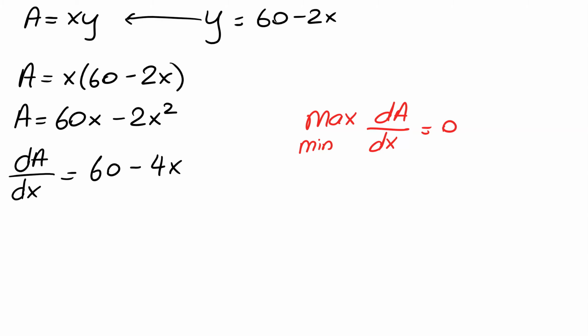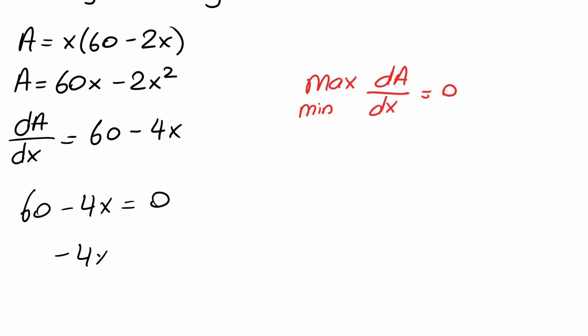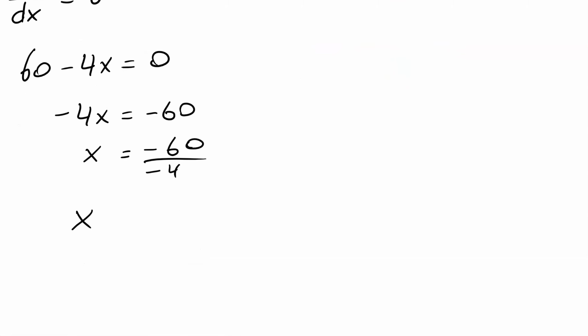So we can write down 60 minus 4x equals 0. We can rearrange this function. We get negative 4x equals negative 60. Therefore, x equals negative 60 over negative 4. Therefore, x equals 15 meters.